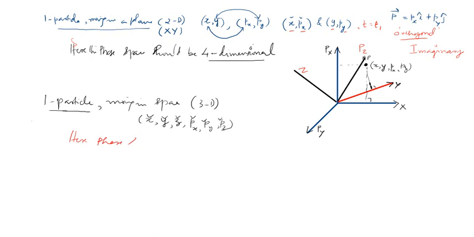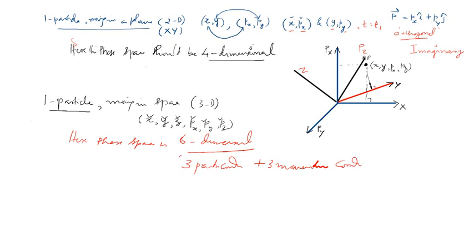This is the realistic thing, because one particle having freedom to move in space will have 3 position coordinates, plus 3 corresponding momentum coordinates. So altogether it is 6-dimensional. Now, say our system is a 2-particle system.